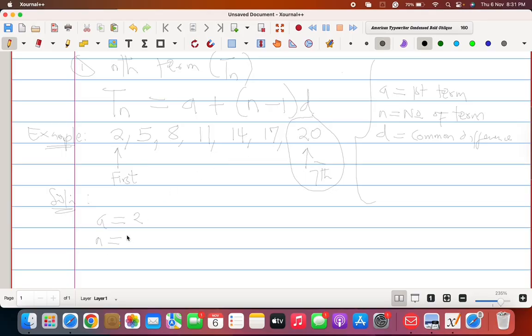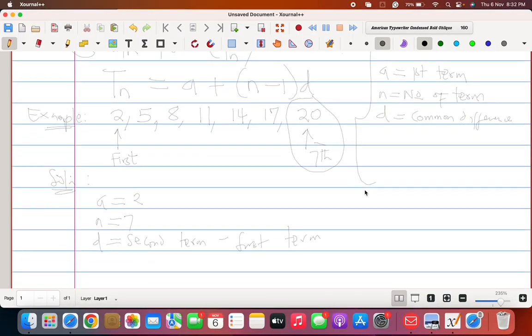So my nth term is 7, and D is the common difference. Common difference is the second term minus the first term. It's constant as long as you're dealing with an arithmetic progression, right?